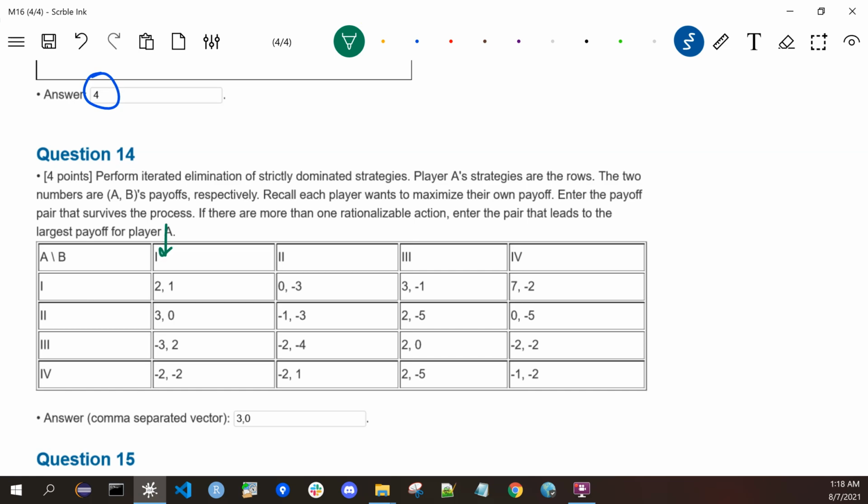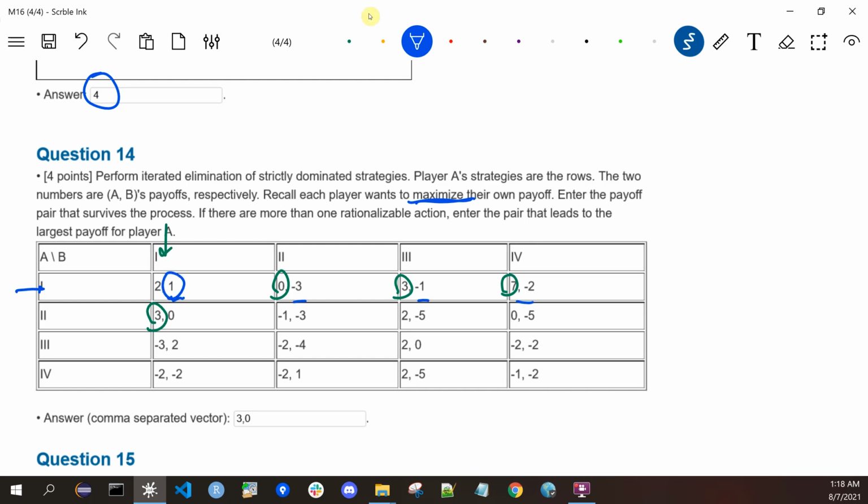So if the column player is playing 1, then the row player is best responding by picking 3, action 2, and best response is basically the largest number of each column. And for the row player, if the row player is playing 1, then I'm picking also the largest number, because everyone is maximizing the largest number among each row.